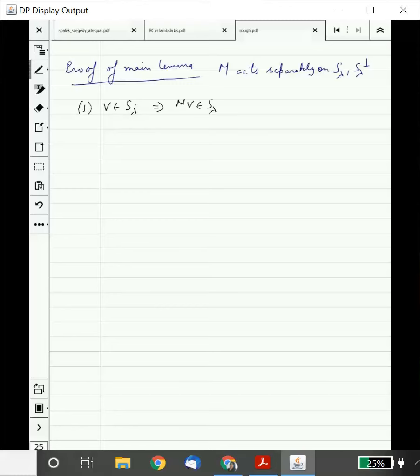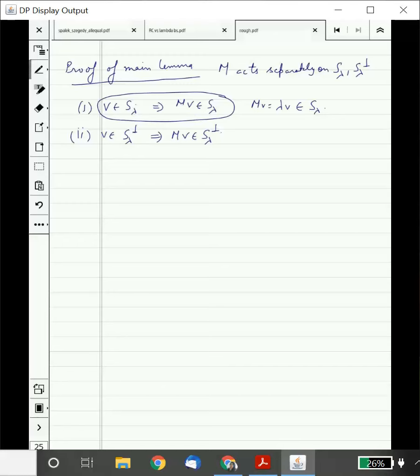Second part, if v is an element of S lambda perp, it implies Mv is in S lambda perp. The first part doesn't even require a proof. Mv is equal to lambda v, which is an element of S lambda. Any scalar multiple of v has to be in S lambda. This is trivial. Only the second part is important.